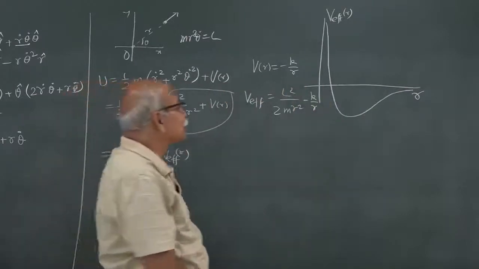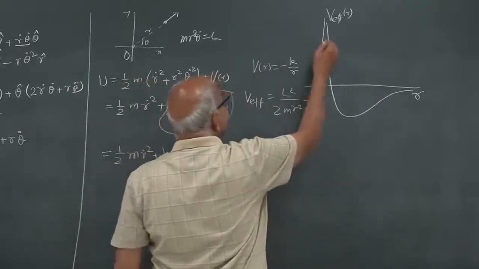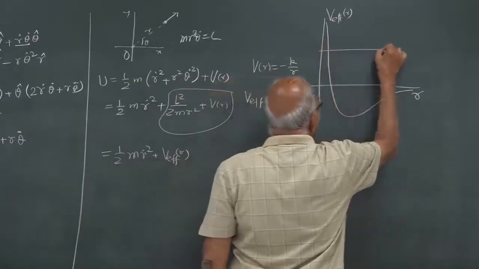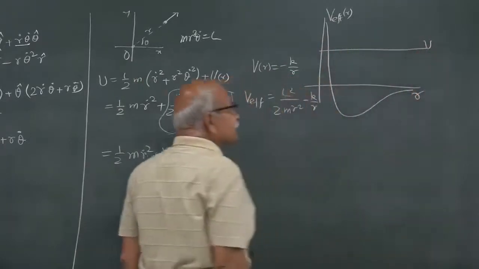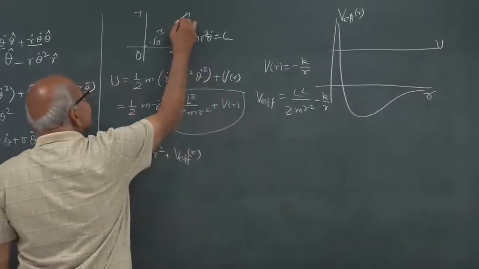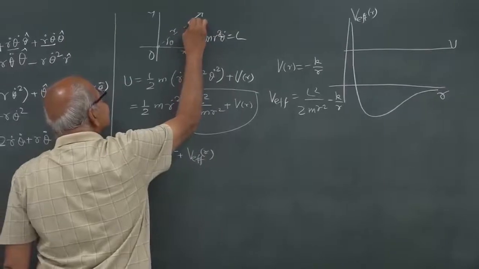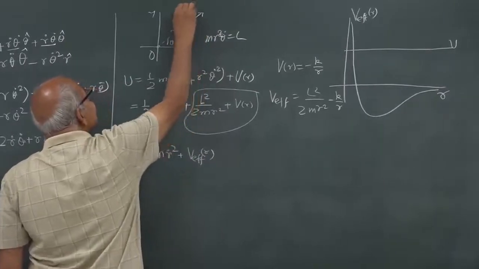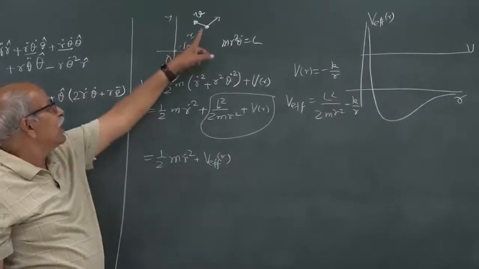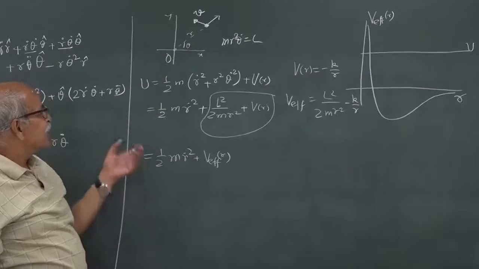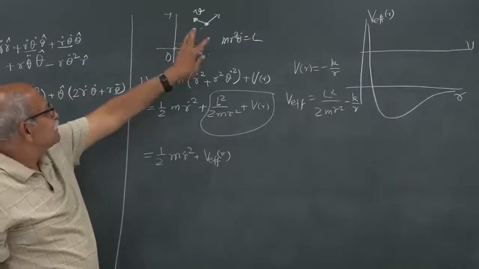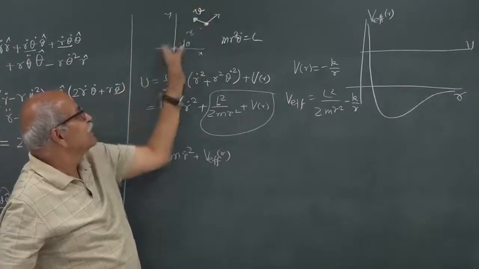Now, the total energy U, I can write on this scale. Suppose this is the total energy, this is that line. So, you have this particle and this particle has got some velocity at this time, let us say this is the velocity. In this direction it has some magnitude, there is some r here, and at that time it will have some angular momentum L, and the total energy depending on this kinetic energy plus minus k by r.